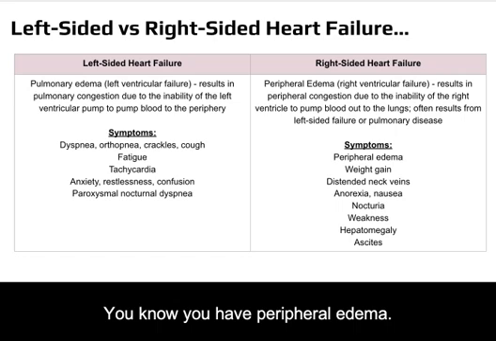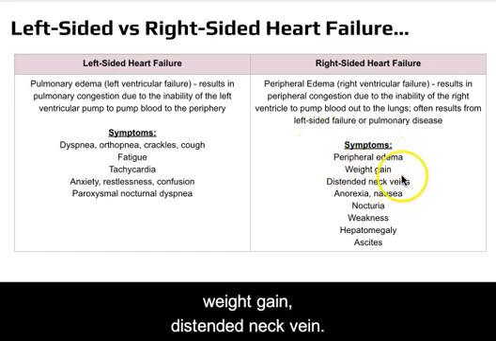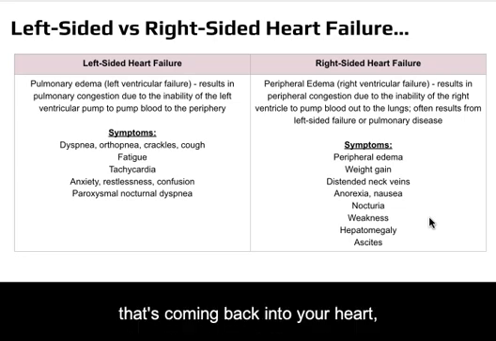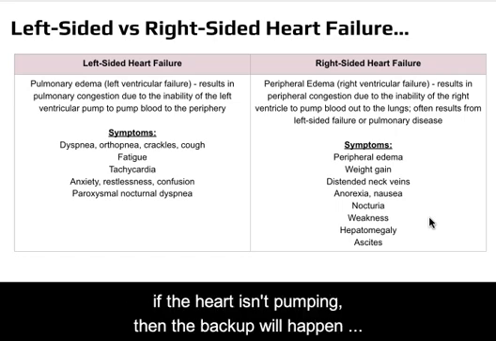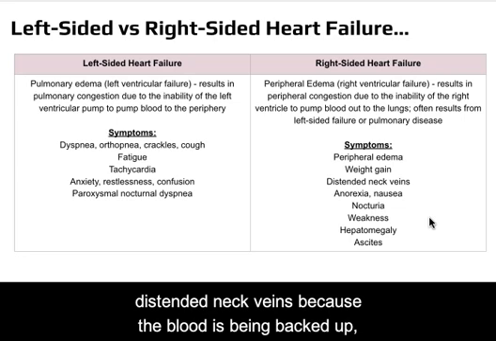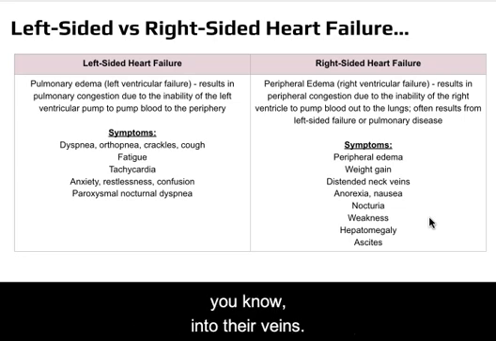You have peripheral edema. What are you going to see over here? You're going to see peripheral edema, weight gain, distended neck veins. So everywhere that the deoxygenated blood is coming back into your heart, if the heart isn't pumping, then the backup will happen everywhere, right? Peripheral edema, weight gain, you're going to have distended neck veins because the blood is being backed up into the veins.